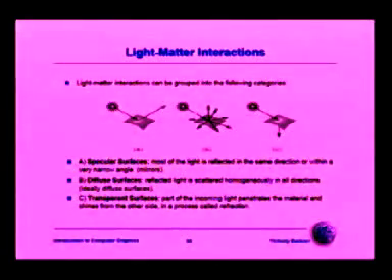Then I can have a slightly less ideal specular surface. Instead of having just one ray which is reflected, I have a lot of rays reflected, but all these rays are contained in a very small angle.